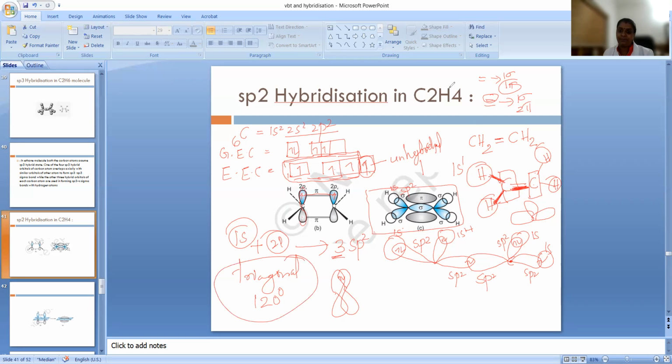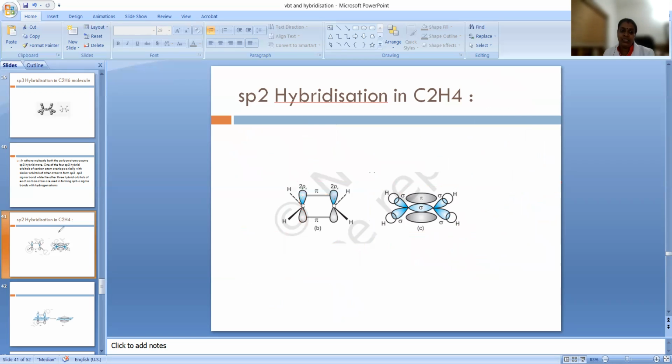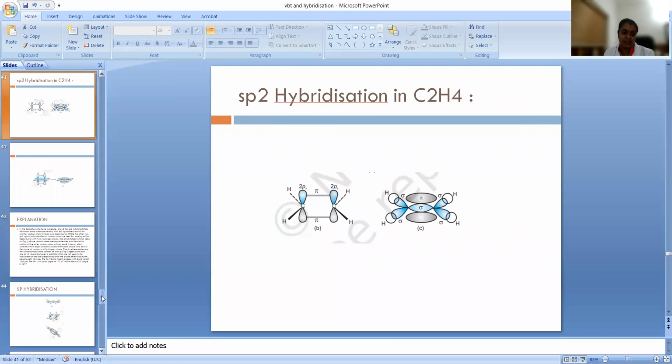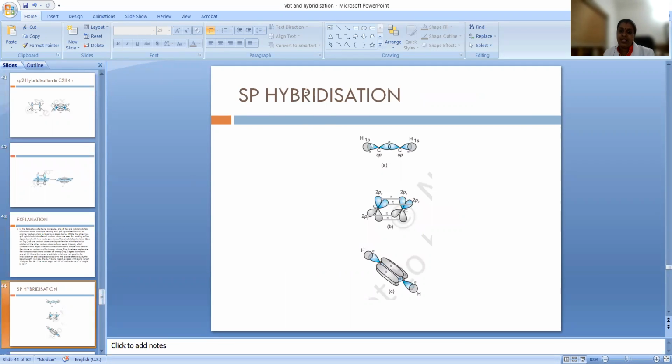That's all. Okay, now the third one let us discuss, that is sp hybridization. So in sp hybridization, what is happening? This molecule is C2H2. If you take C2H2, I'll draw it. How will it come?